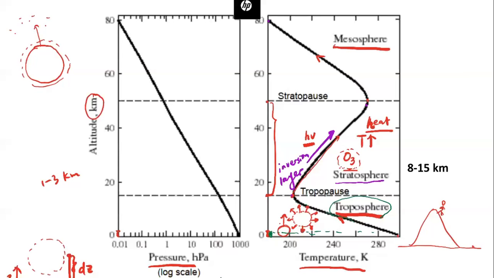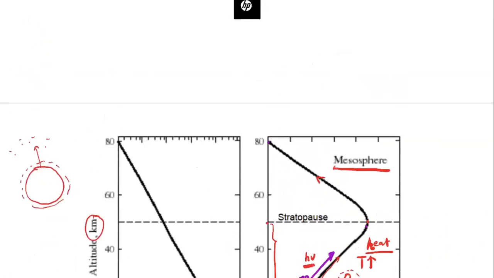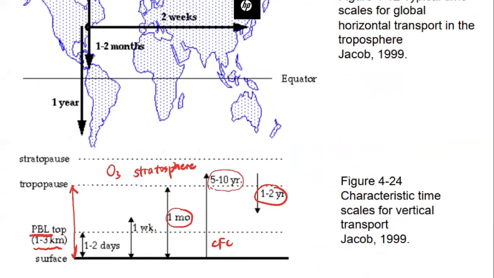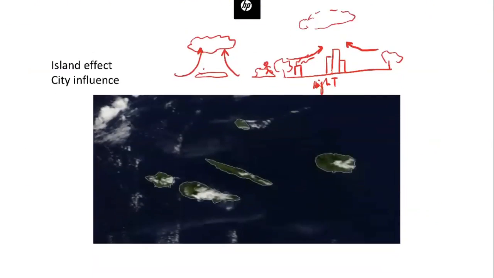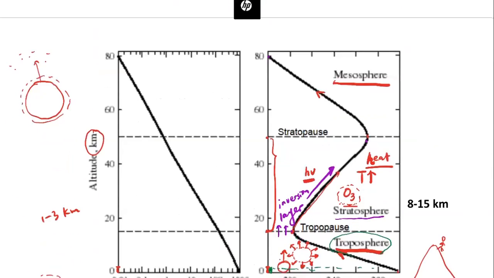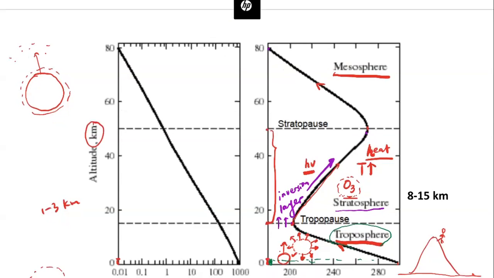What that means is that it is very difficult for pollutants within the troposphere to penetrate through this inversion layer. That's why, when we go back and talk about the transport of the CFC into the stratosphere, it's going to take 5 to 10 years. This is mainly because we have this very thick inversion layer on top of the troposphere here. And everything is based on the temperature.